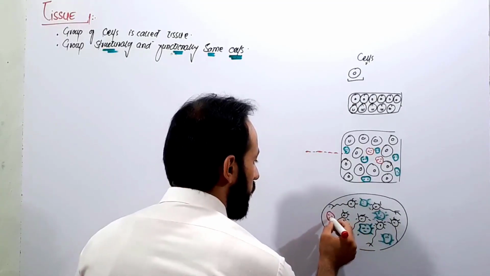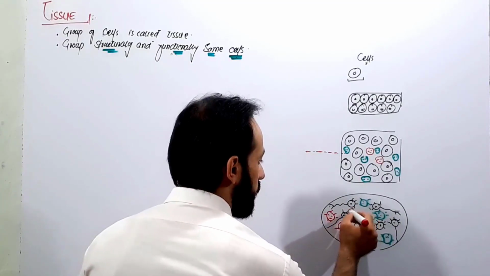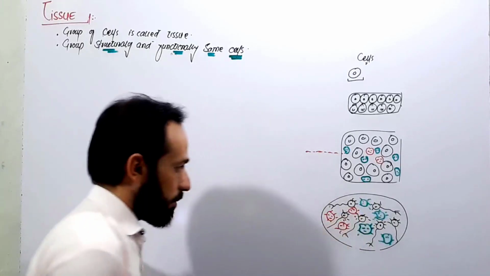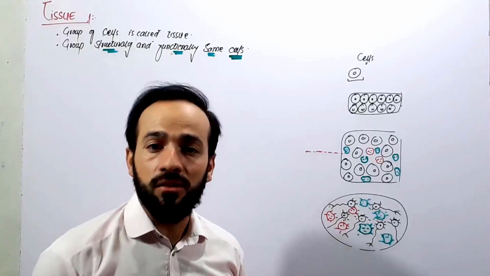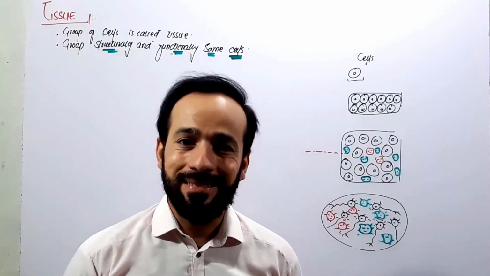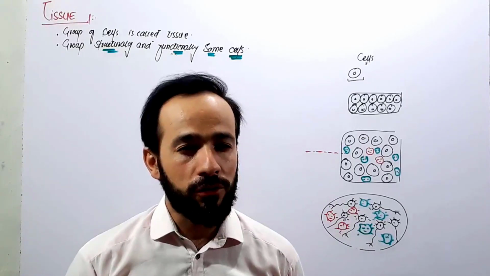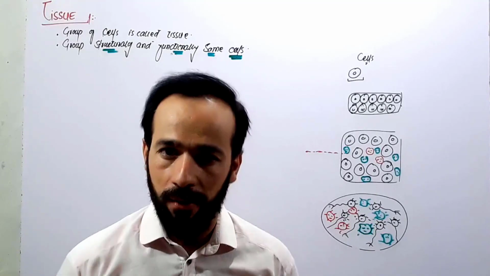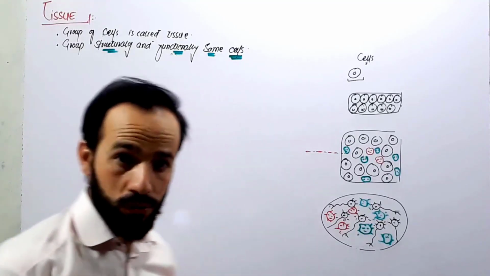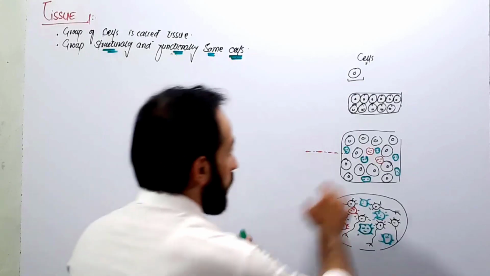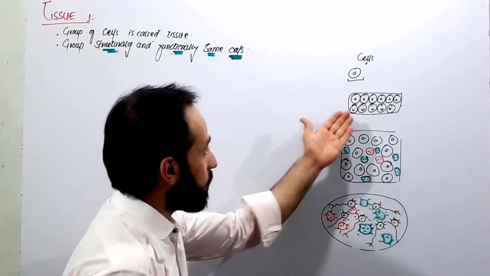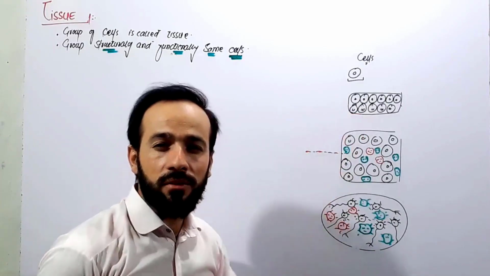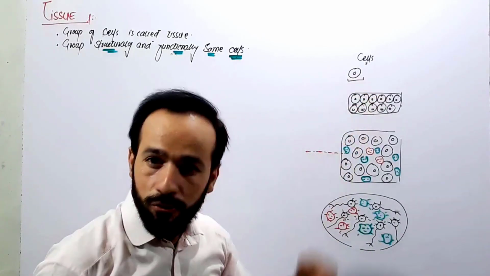So I wanted to clear a very important point, that a tissue does not have only cells which are structurally and functionally the same, right. We should keep in mind that every tissue is not like this, that it has all the cells which have the same function, which have the same structure.